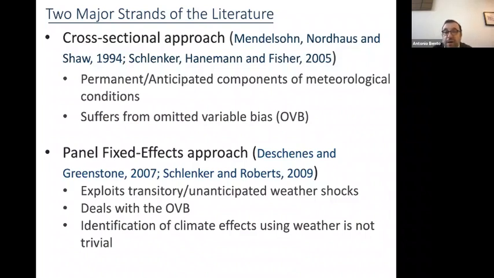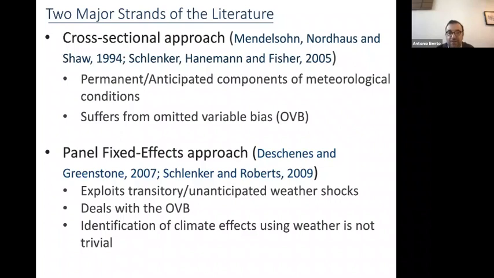And so you could argue that you deal with the omitted variable biases that you had in the traditional cross-sectional studies, but now you have an interpretation problem, so to speak, because the identification of climate effects by using weather is potentially not trivial.